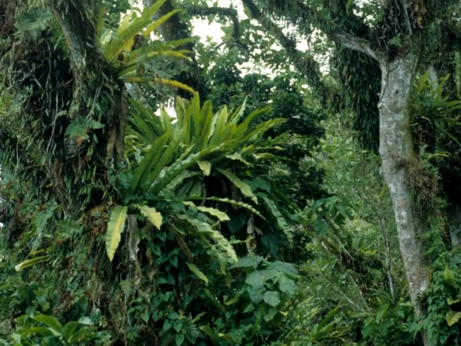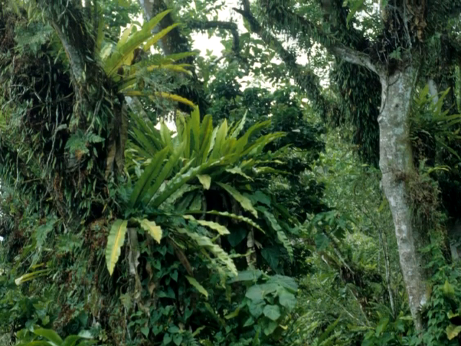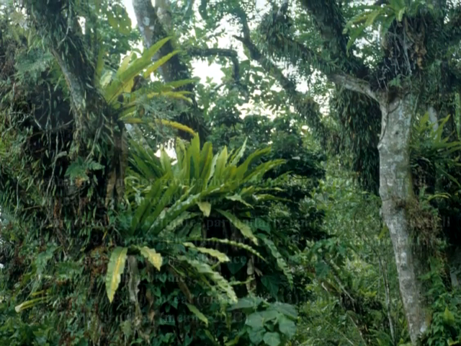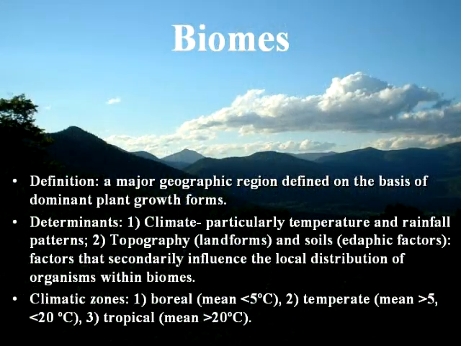Now we could subdivide these further. We could subdivide the boreal zone and so on. But if we want to look at a simplistic kind of a division of the world's major climatic zones, we could just talk about these three for starters. And so that's what we are going to investigate in quite a bit of detail in our next program.